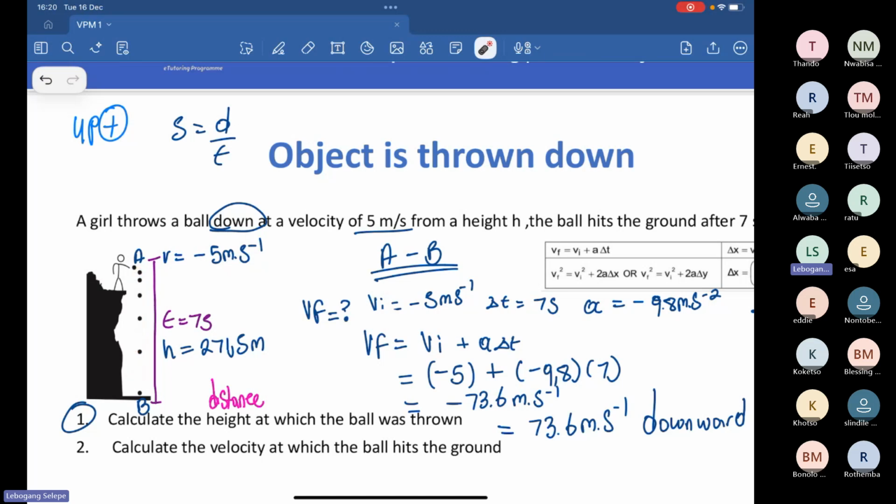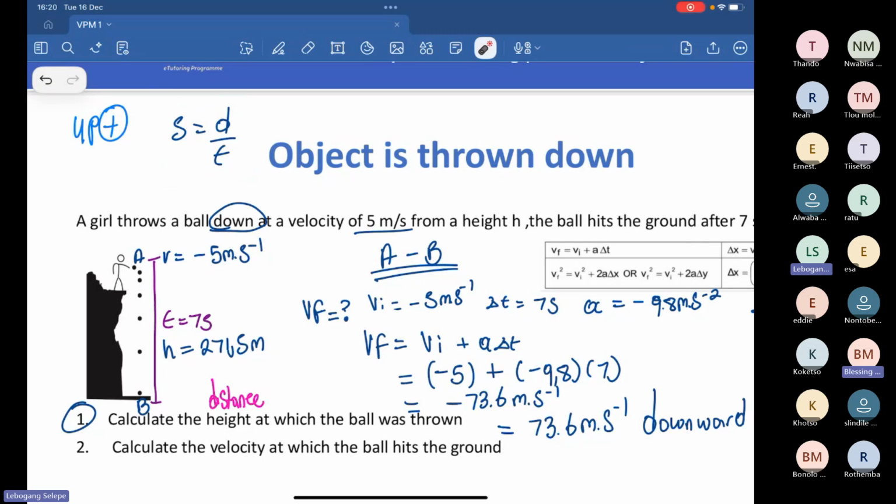But if I were to say that, on average, the object was moving this fast, I need to give a single value, so I would use this formula. Besides calculating the average speed using this formula, you can also calculate the speed if the acceleration is 0, maybe the object was moving at a constant speed. You can also use this formula.